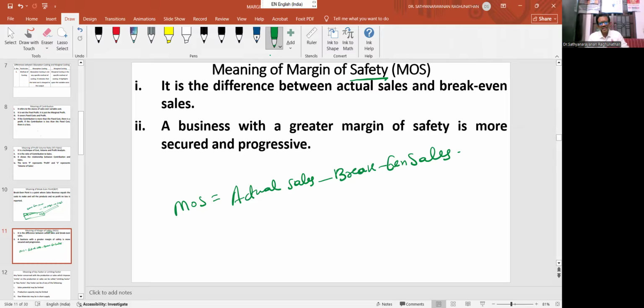The business with the greater margin of safety is more secure and progressive. If you are crossing the break-even point, then definitely you will always be on the safer side.